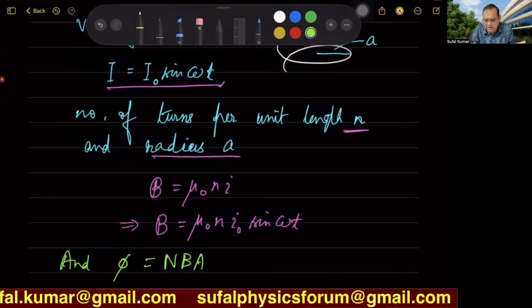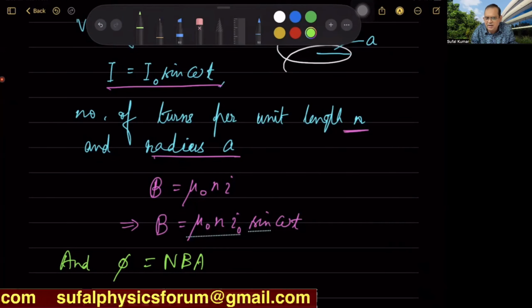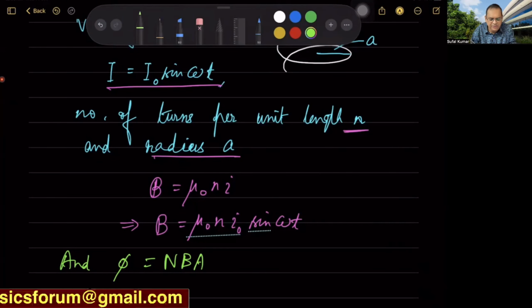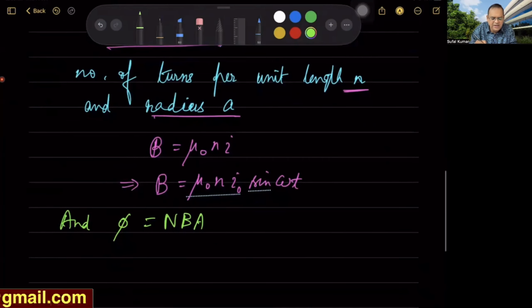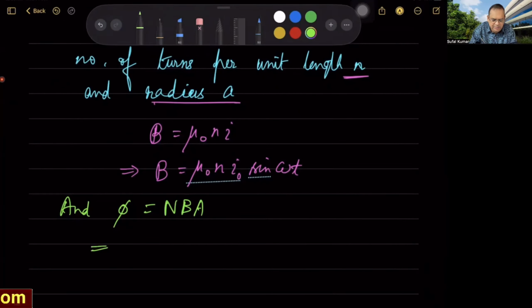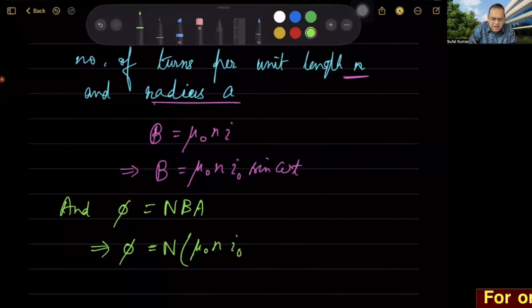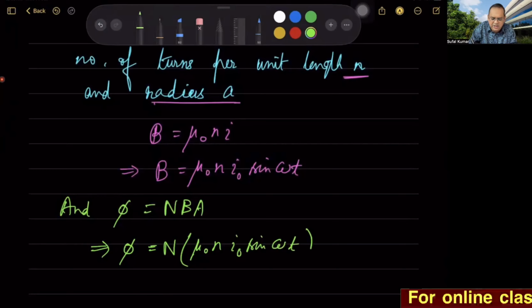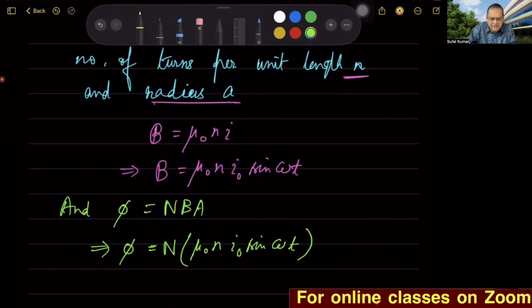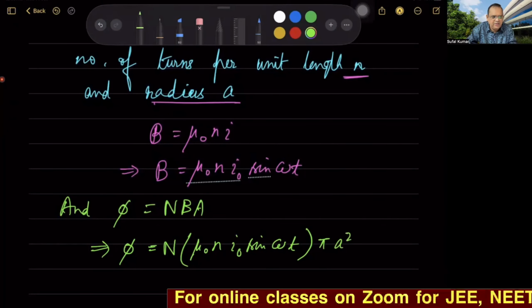In general, flux is B dot A, but considering the total number of turns, phi is NBA. By that, phi is N mu naught n I naught sine omega t, and A is pi a square.